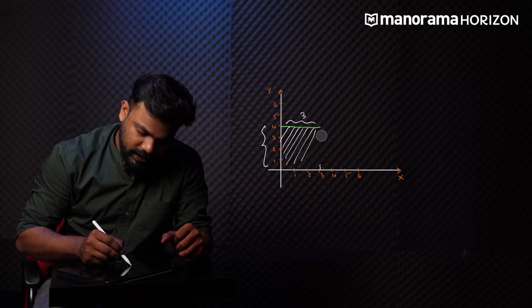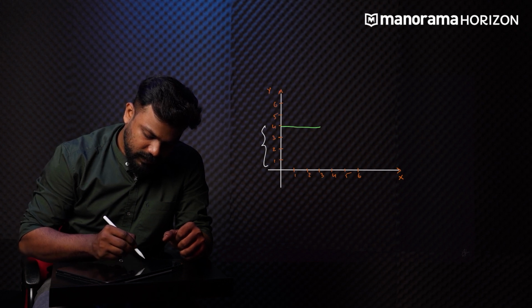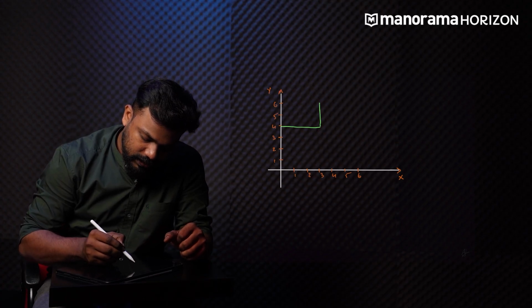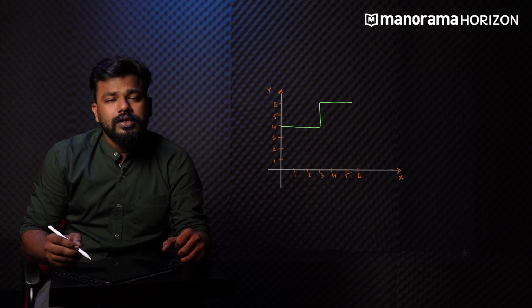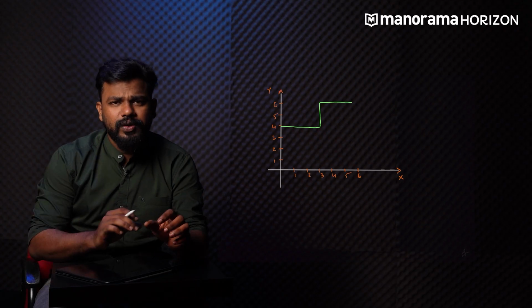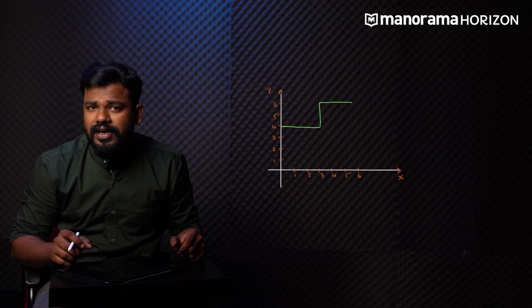Suppose I have another graph which is not a single straight line, but a combination of another line also. So you have another line which is looking like this, the part of the graph. Okay, so now you have this graph, and what will be the area of this one? Can you find this area just by using the same way that we did for the rectangle?